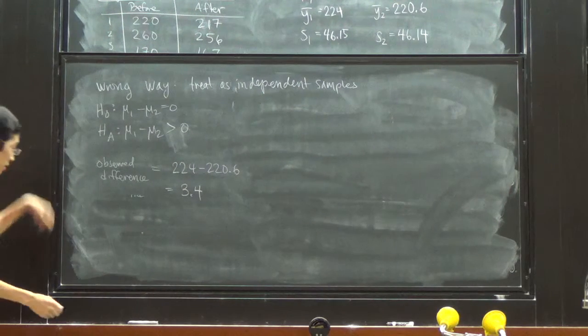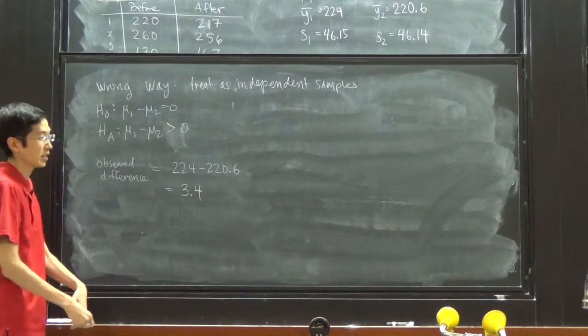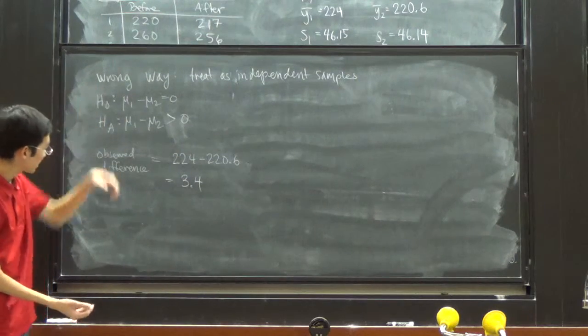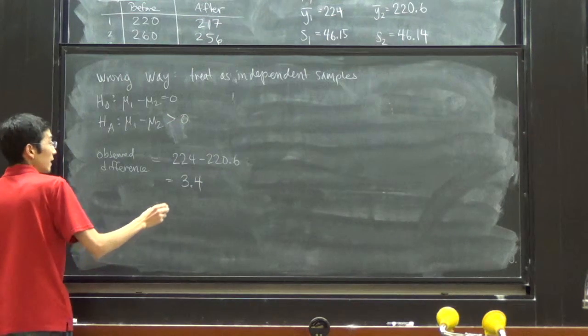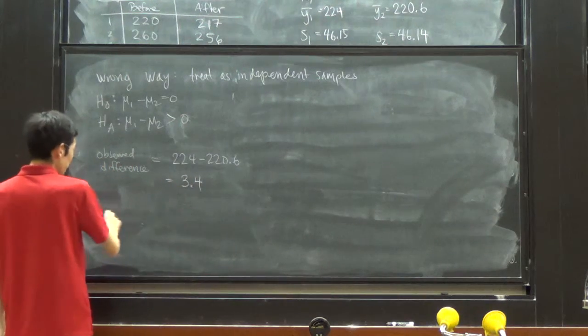Well, when we treat them as independent samples, we're saying basically, I got 5 random people, and we're seeing a huge standard deviation. Okay, so my test statistic is 3.4 divided by the standard error.